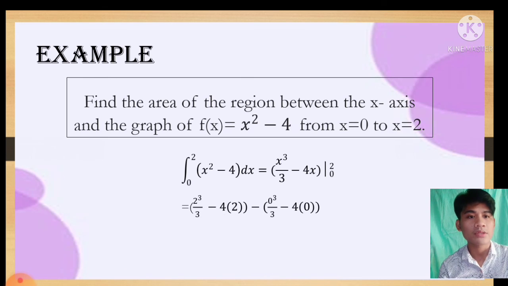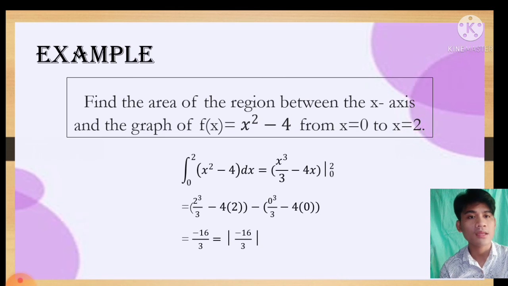And if we solve that, just substitute the values of 0 and 2 into x cubed all over 3 minus 4x. So we came up with 2 cubed all over 3 minus 4 multiplied by 2, minus the quantity of 0 cubed all over 3 minus 4 multiplied by 0. So we came up with negative 16 all over 3.